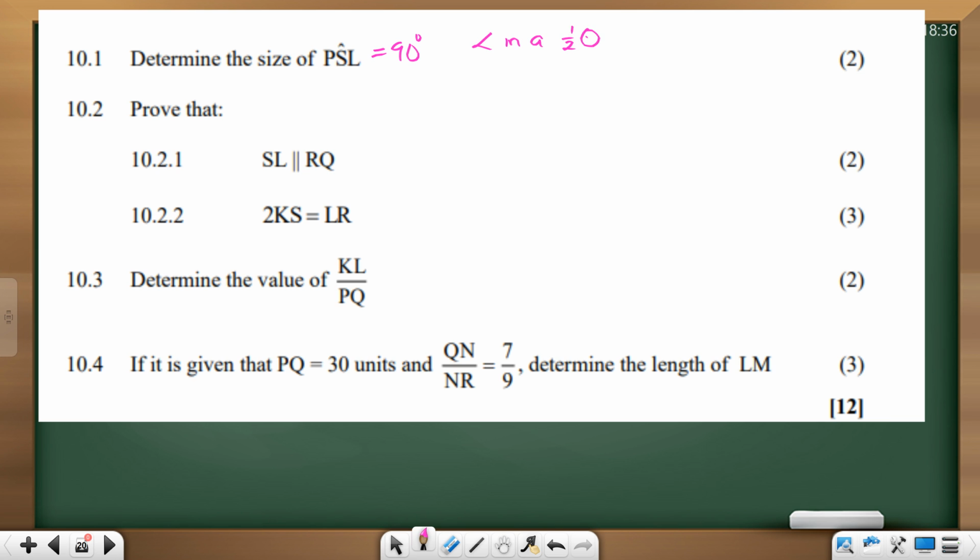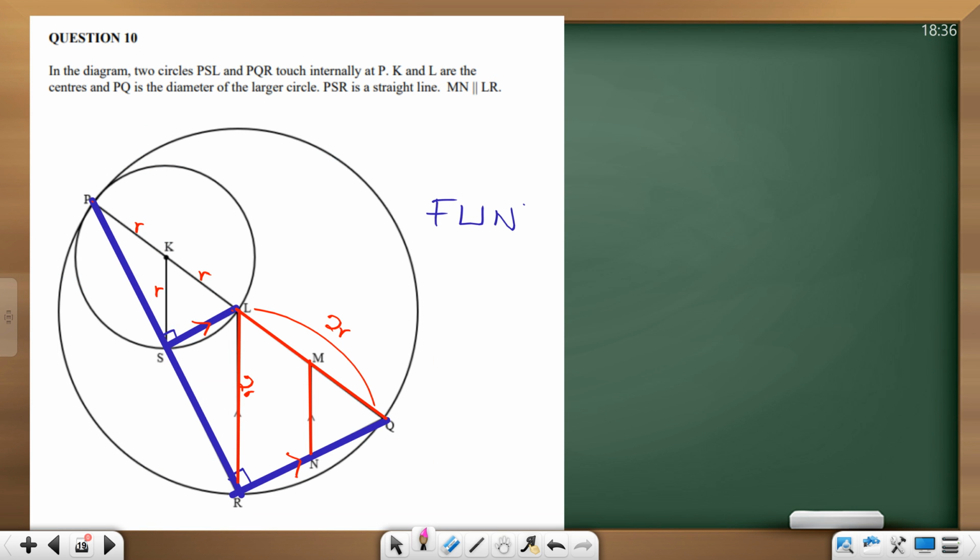Prove that SL is parallel to RQ. Let's go check. Where's my SL? How did we prove those lines? And if you had not even found that that's 90, if they said parallel, you are already thinking about what?